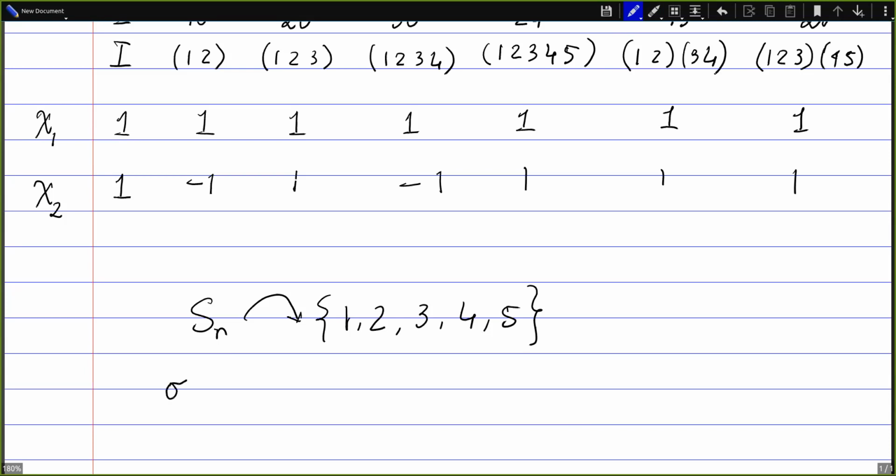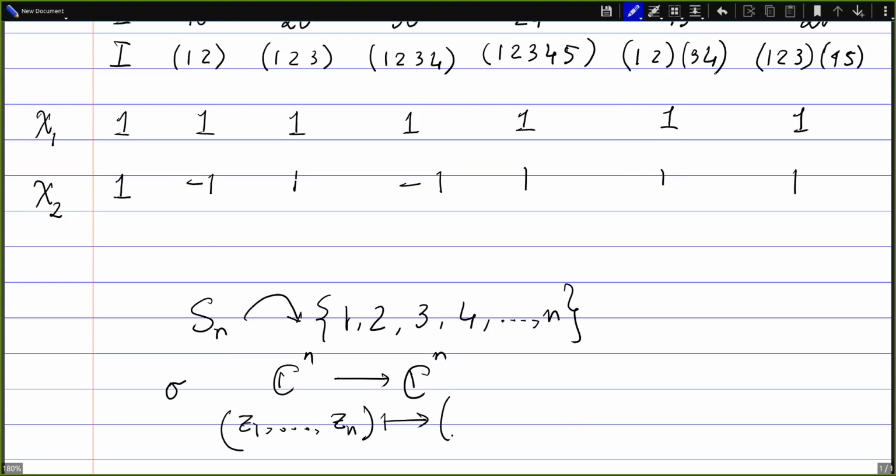This is simply given by each sigma giving rise to the following. Here it will be not just up to 5, it will be any n, so 1, 2, 3, 4 up to n. Each sigma gives rise to the following linear map on Cn, which is decided by permuting the coordinates. So (Z1, ..., Zn) is mapped to (Z sigma inverse 1, ..., Z sigma inverse n).